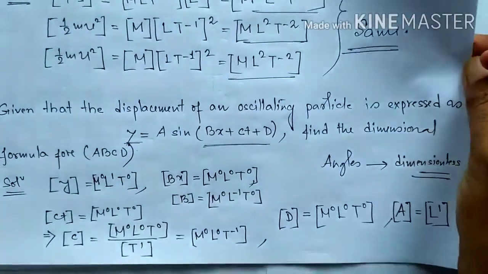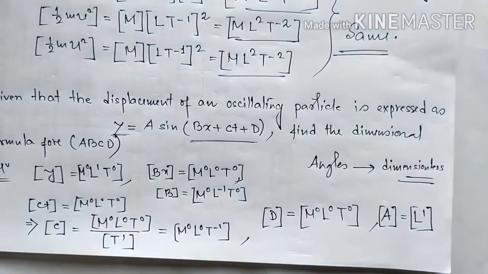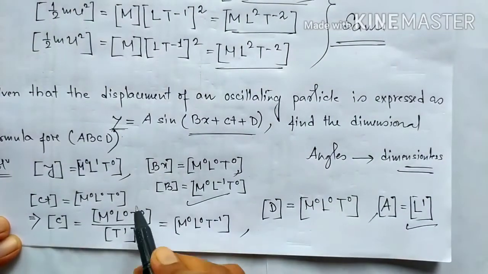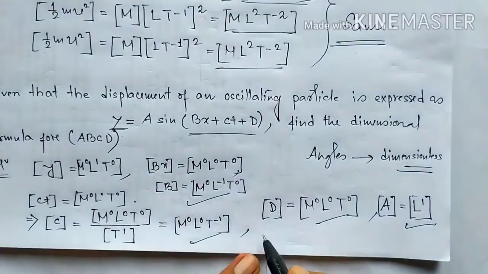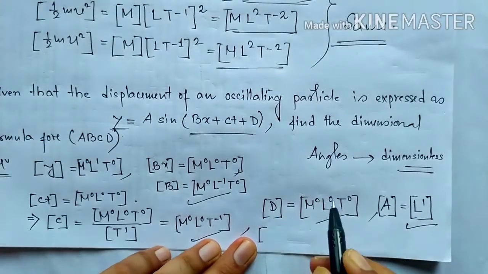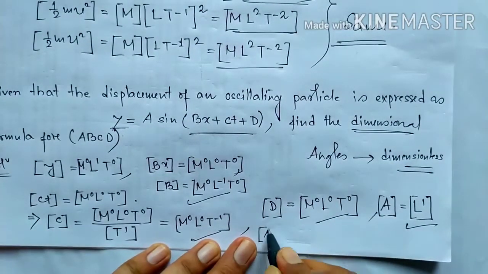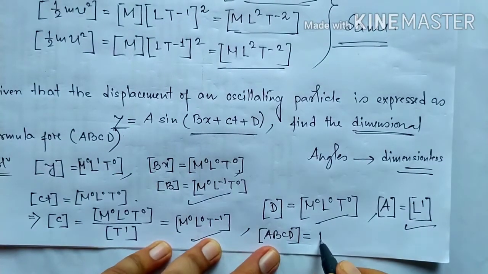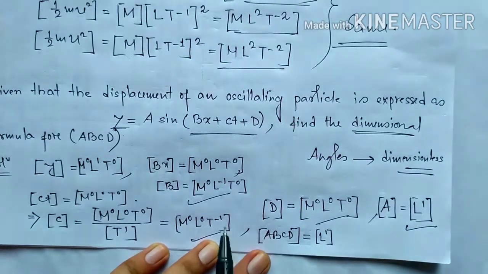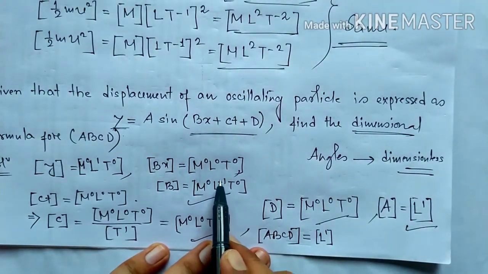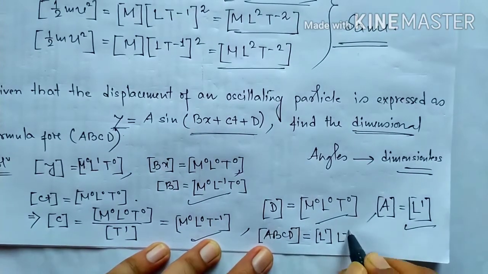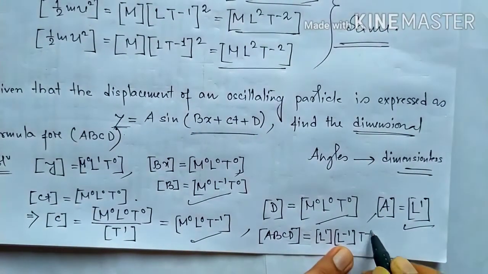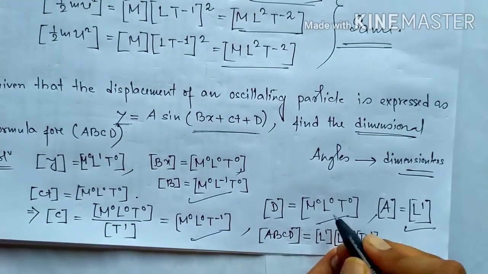So we have got the dimensions of all the parameters a, b, c, d. Now I have to write the dimensional formula for a, b, c, d. The dimension of a is L to the power 1, b is M to the power 0, L to the power minus 1, T to the power 0, so it is L to the power minus 1, c is T to the power minus 1, and d is all 0.